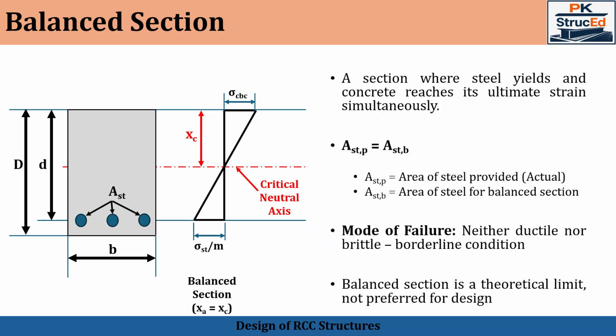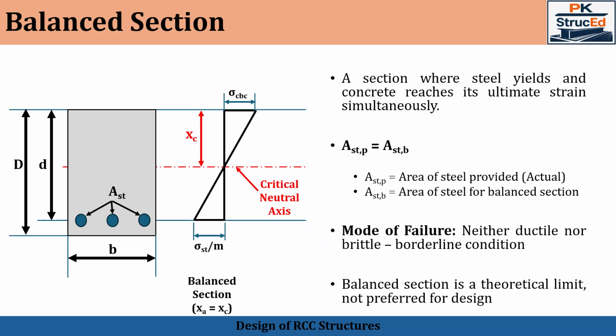In the balanced section, the amount of steel provided is exactly equal to the balanced steel. So steel reaches yield stress at the same time concrete reaches its maximum compressive strain. Both steel yielding and concrete crushing occur simultaneously, which is a theoretical concept. In practice, this may not be possible.